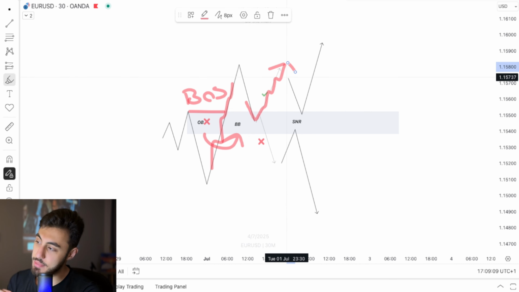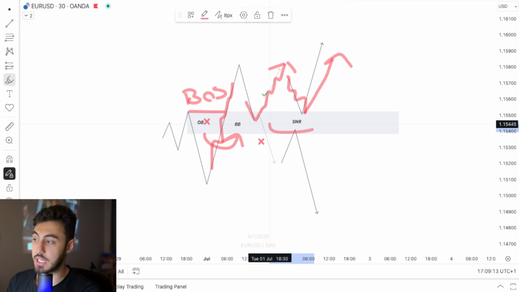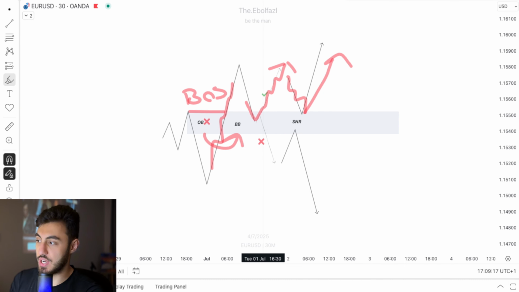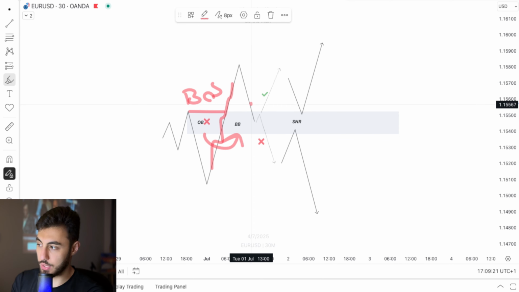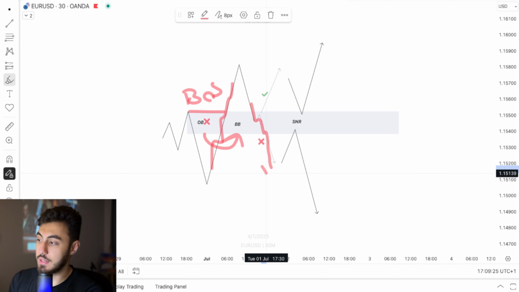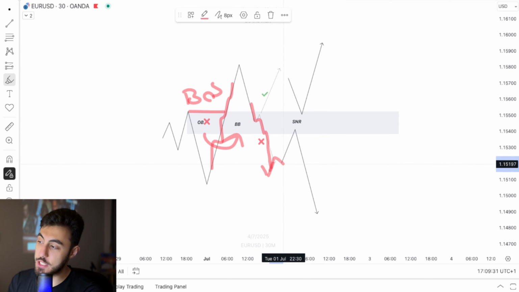Now in the next mitigation, this area is going to become support. Okay. Now let's go with the second scenario. But what if price didn't respect this breaker block? It just didn't respect it and came down. Even if price didn't respect this breaker block and just came down, right? The next retracement and mitigation on this area is going to be resistance.